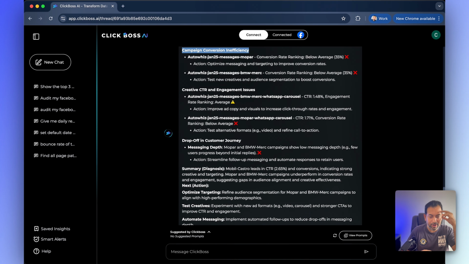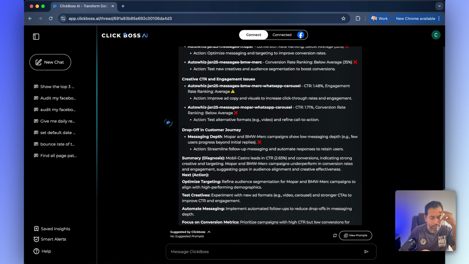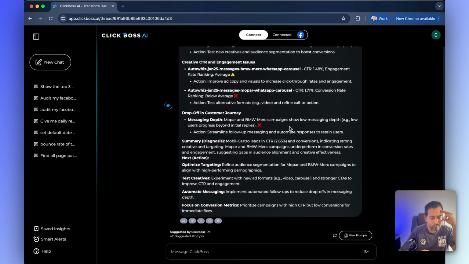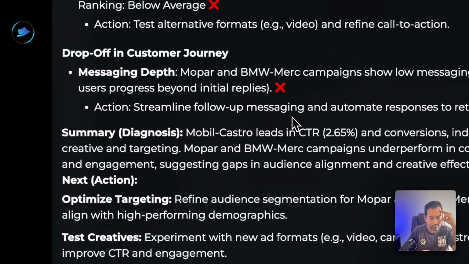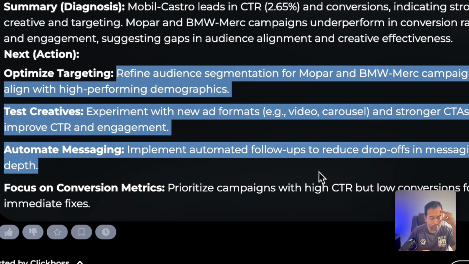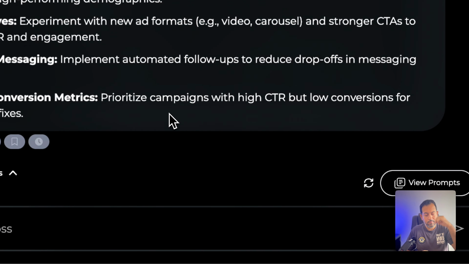Like, I mean, not great, but the finding is great. Ranking below average.